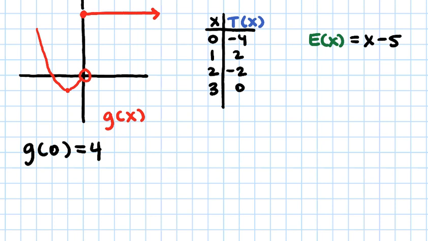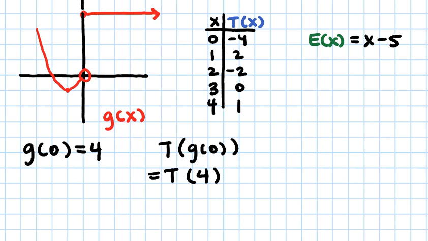Well, what about t of g of 0? What we just said, g of 0 was 4, so this will be t of 4. Well, we'd have to just make something up, like I did, and that would be equal to 1. What about something like e of t of 3?